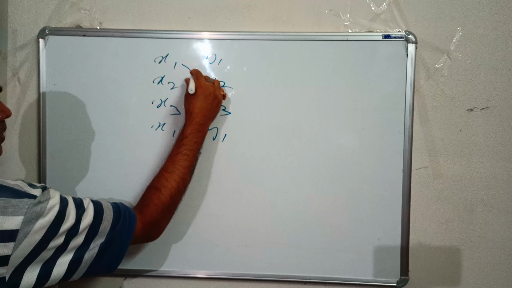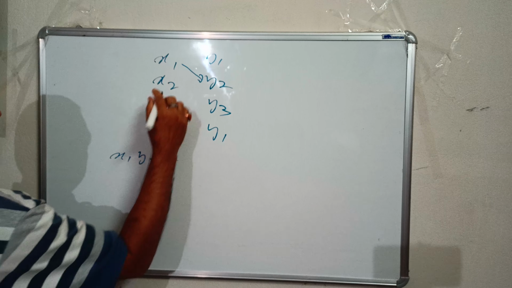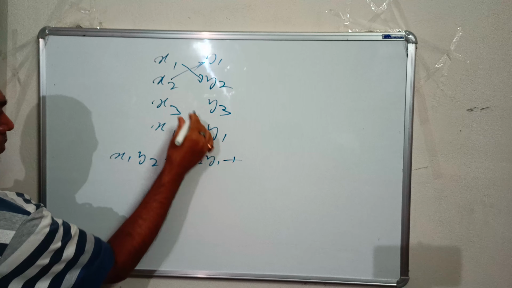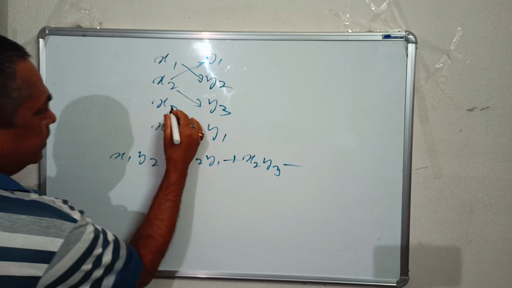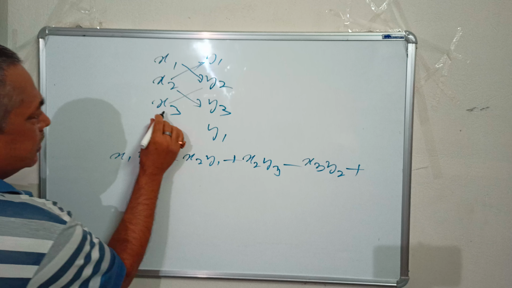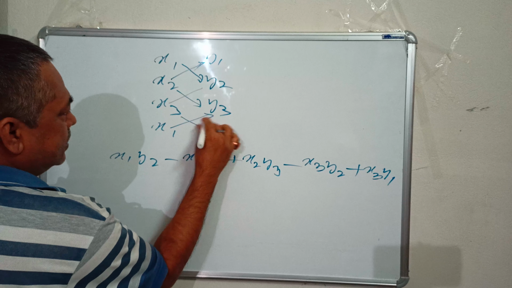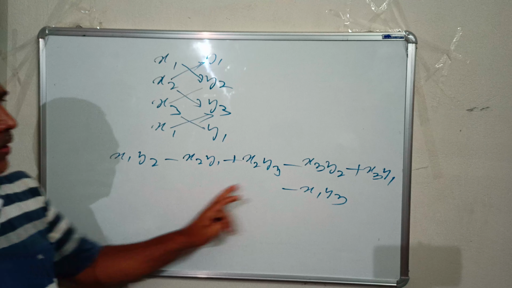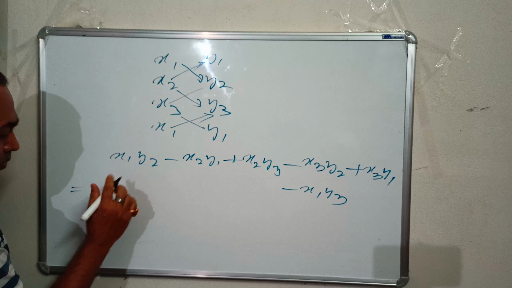First you multiply these two: x1 y2 minus x2 y1, then for the next one plus x2 y3, minus x3 y2, plus x3 y1, minus x1 y3. This way you get these terms.